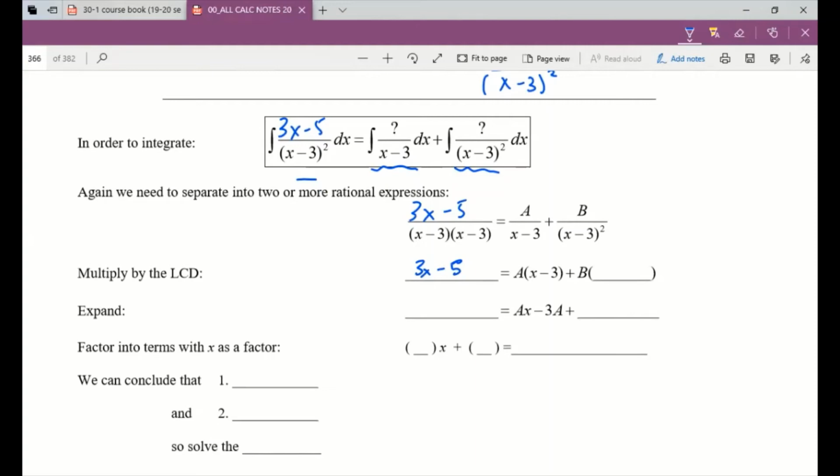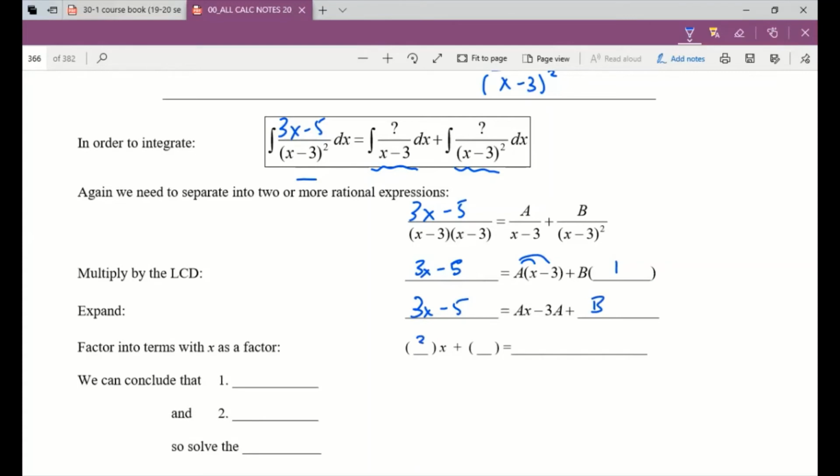A is multiplied by x minus 3, b is just b times 1. And we end up with 3x minus 5 is equal to, let's distribute, ax minus 3a. This is just b.